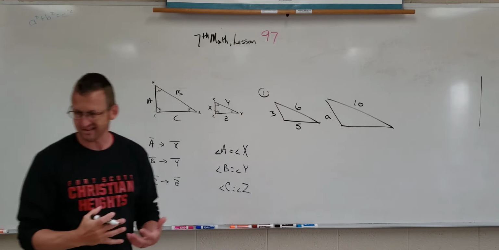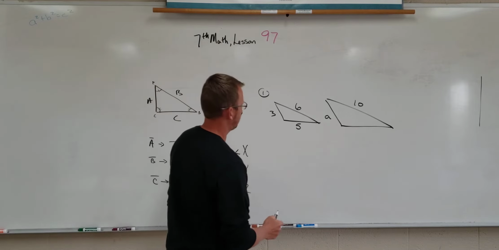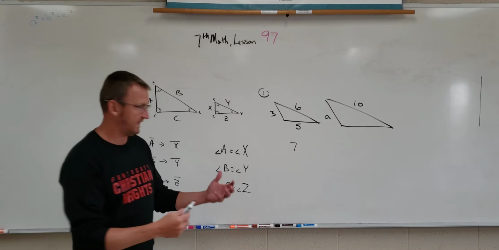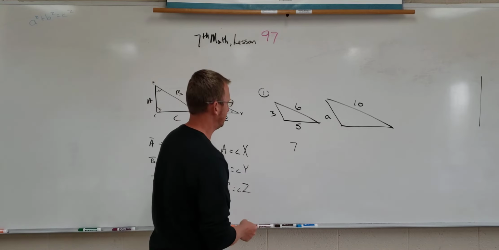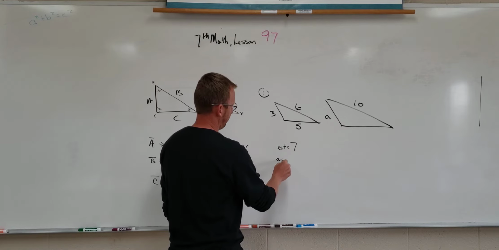So it says estimate the length of A. So if we're looking at this, we may say, well, A looks like it's about 7. They don't have an actual measurement, so 7 is okay. So that's our estimate.